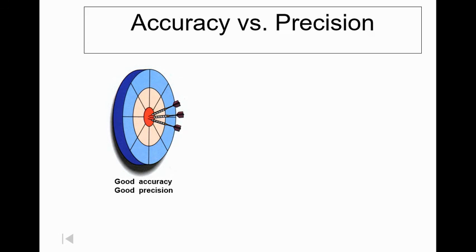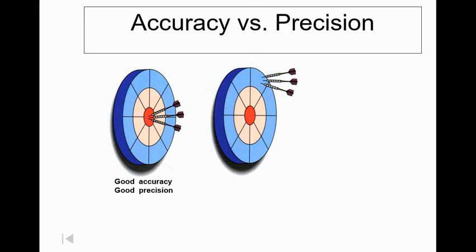So accuracy and precision can go together. That's what you want. Good accuracy and good precision are correct answers that are repeatable.